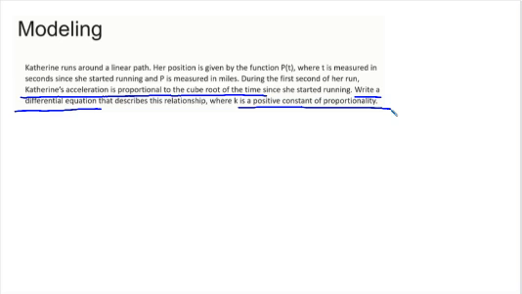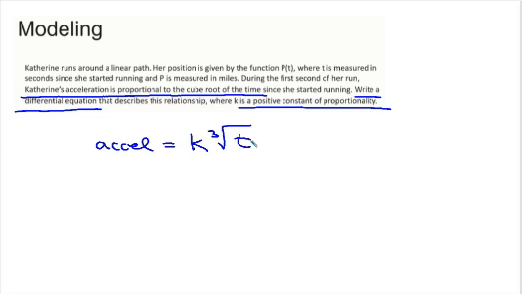So her acceleration is proportional to the cube root of the time. And already we're most of the way done with this problem.